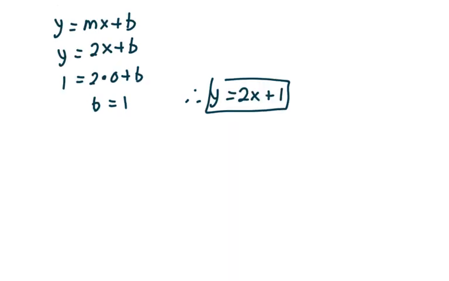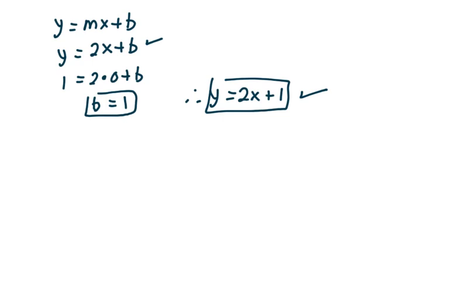And so y equals mx plus b, but my slope is 2, so y equals 2x plus b. So I'm going to replace x with 0 and y with 1. And when I solve for b, I get b equals 1. And so the equation of the tangent line is y equals 2x plus 1. And that's how we do problem 27b.